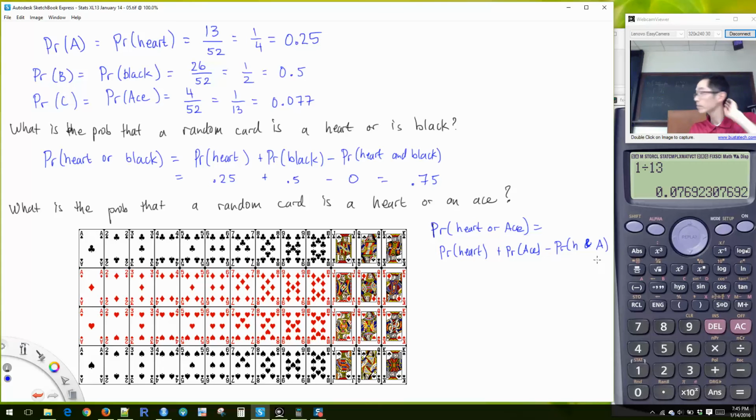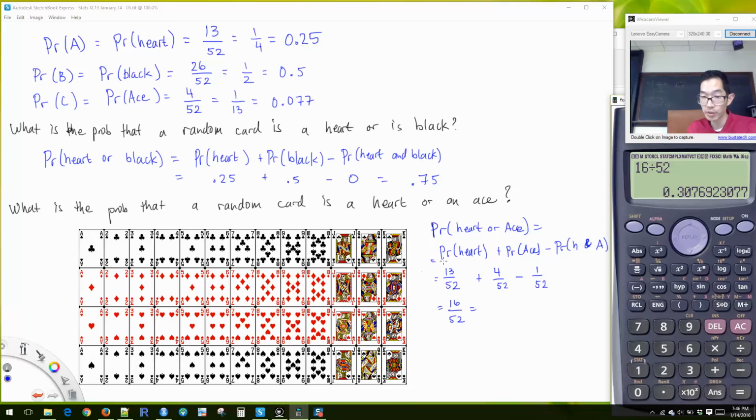The probability that a card is a heart is 13 out of 52. The probability that a card is an ace is 4 out of 52. And then we have to subtract off the probability that a card is a heart and an ace, which is 1 out of 52. And so this gives us 16 out of 52, or 0.308.